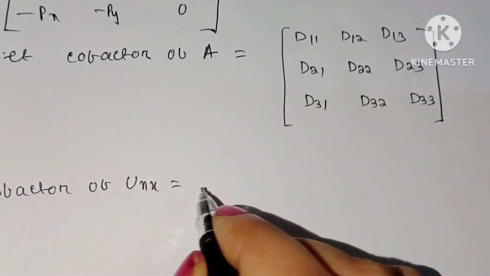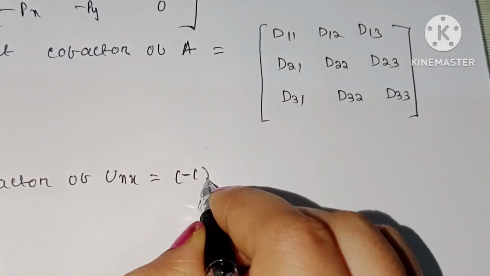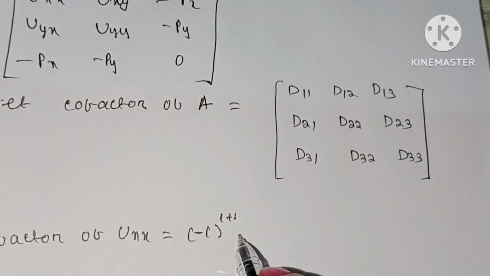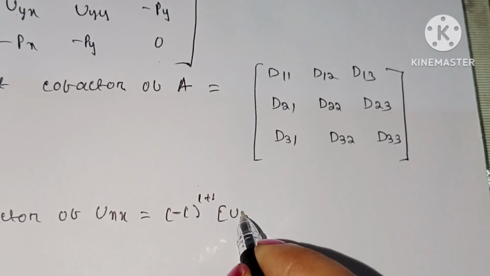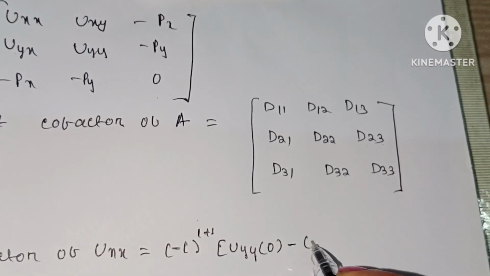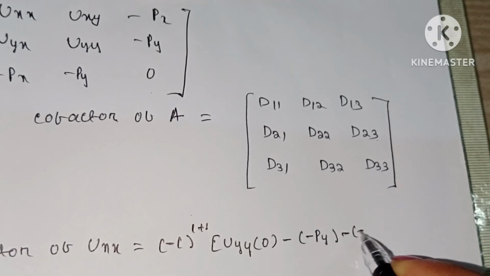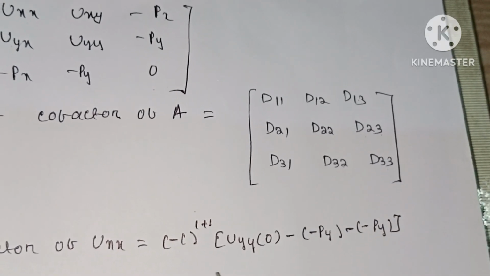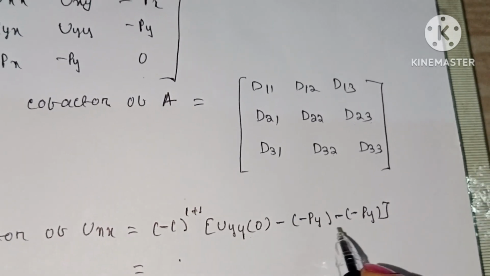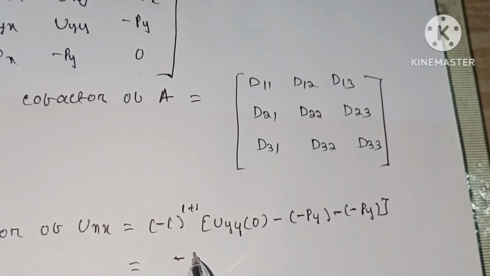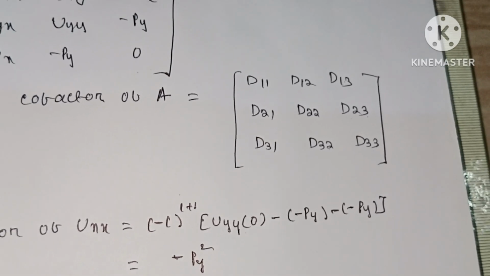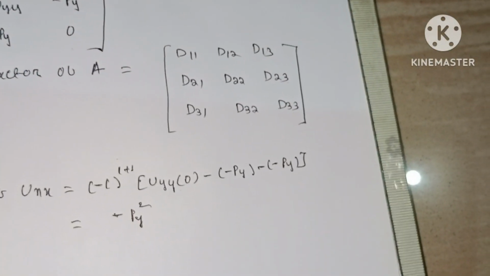So the cofactor of uxx equals minus 1 to the power 1 plus 1 multiplied by uyy into 0 minus py into py. This becomes positive, and this is 0, so finally we get minus py square.